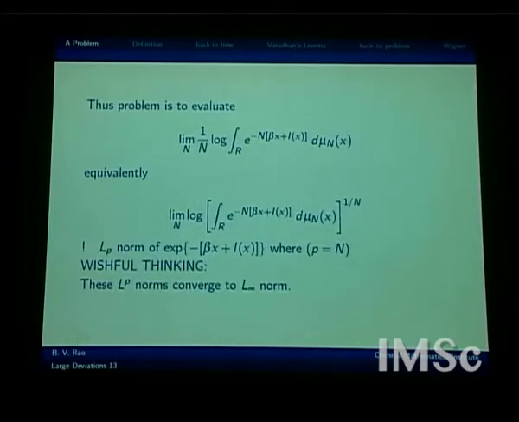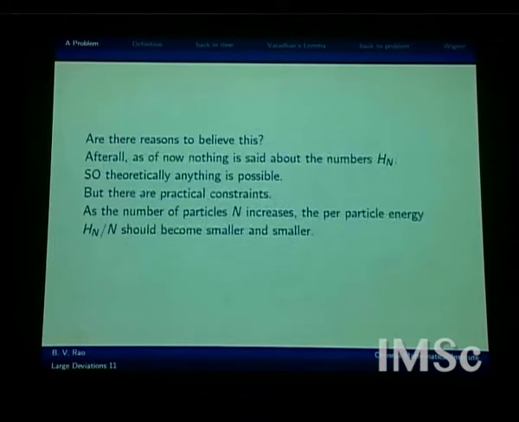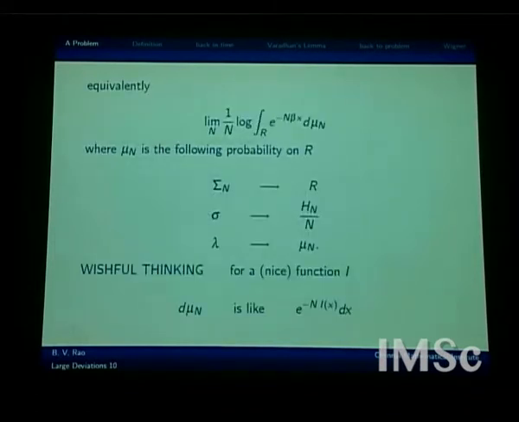That is simply dx. So, please keep in mind d mu n x is e to the minus n I x dx. So, that mu n there should not be, it is dx. Okay. e to the power of minus n times beta x plus I x, dx. Now, the question arises, you said d mu n is like e to the minus n I x.